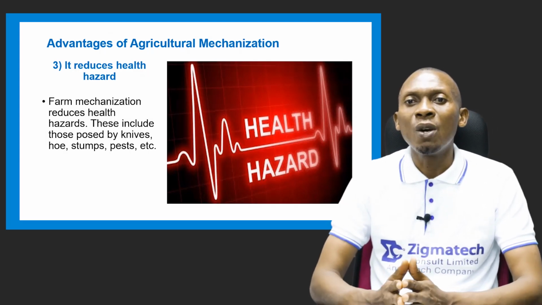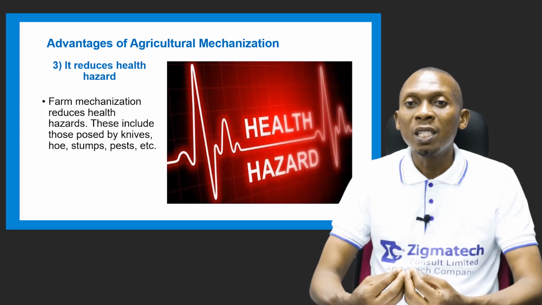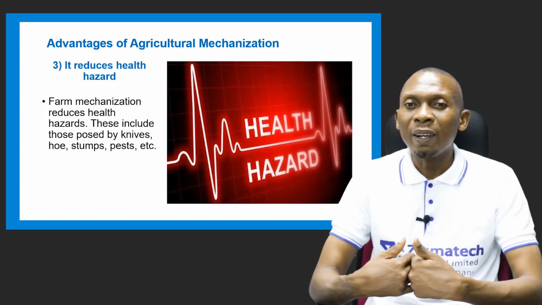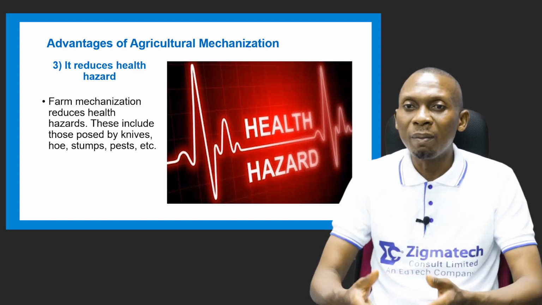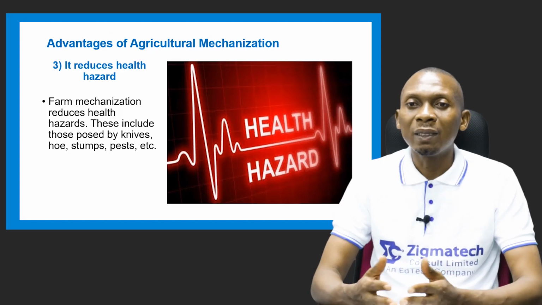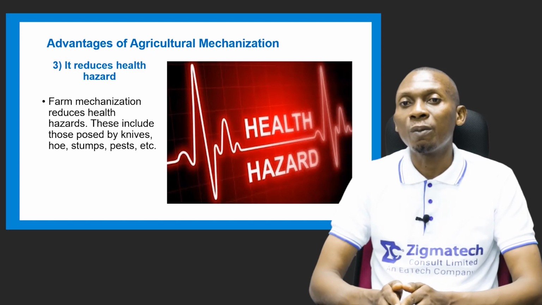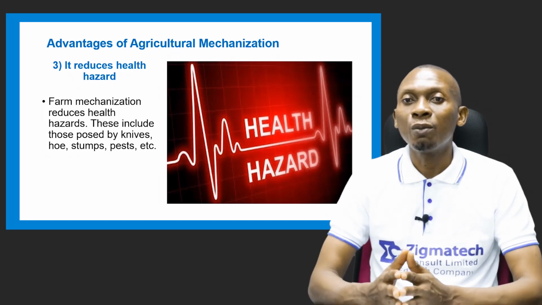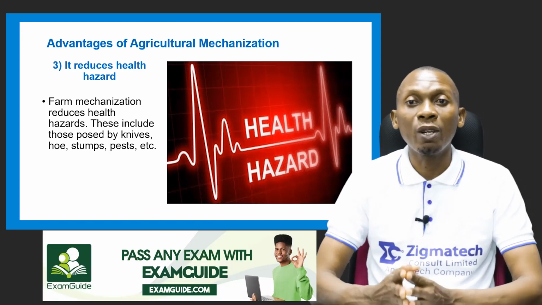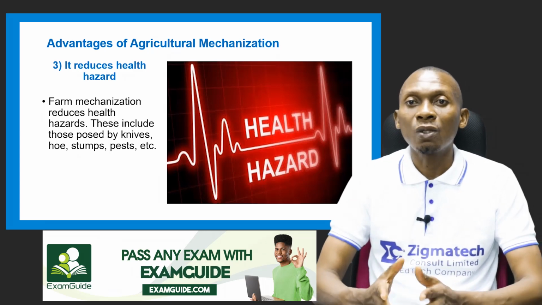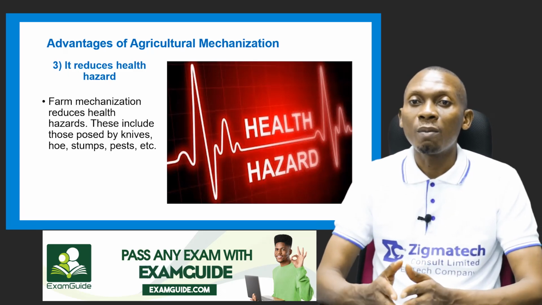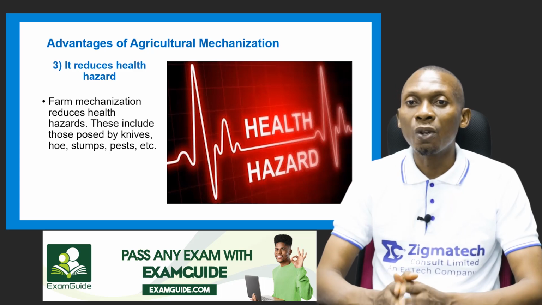So you find out that with mechanization, the machines are the ones that carry out these activities on the farm, and so the farmer doesn't have direct contact with either these implements or with pests or diseases that could be harbored on the crops. And so this can help to reduce the health hazards that could come with direct contact with some of these our crops or even our animals as well.